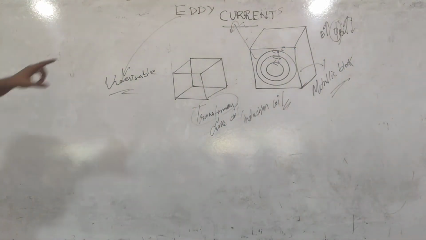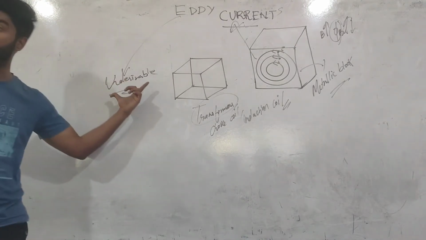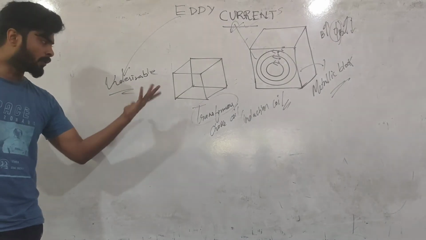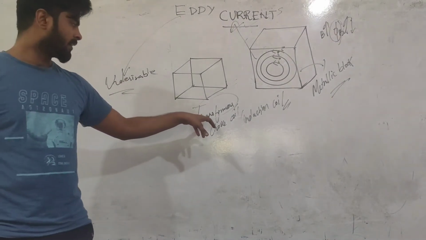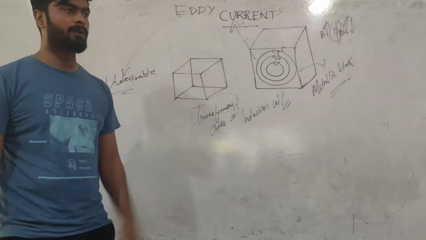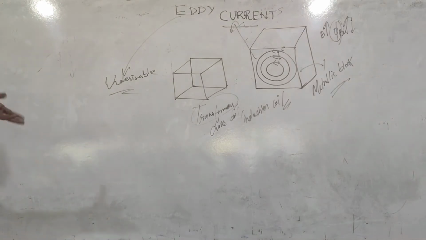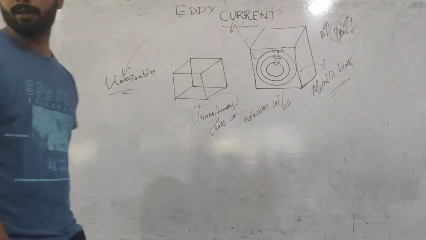And therefore, eddy currents are undesirable currents, not useful currents. Because in most of the devices like transformers, choke coil, induction coil, such eddy currents are produced, which results in wastage of energy or damage of the transformer or choke coil or induction coil.